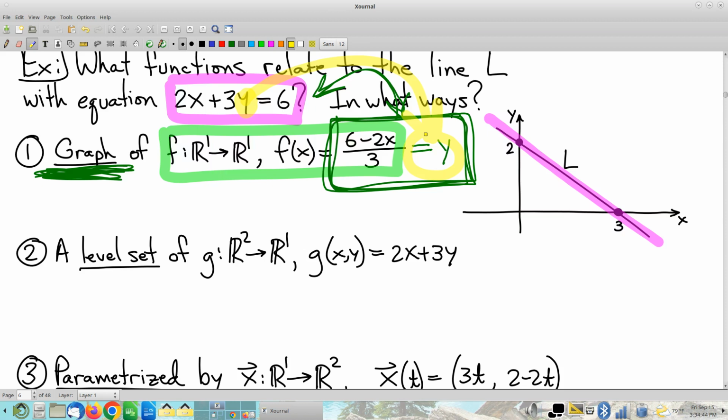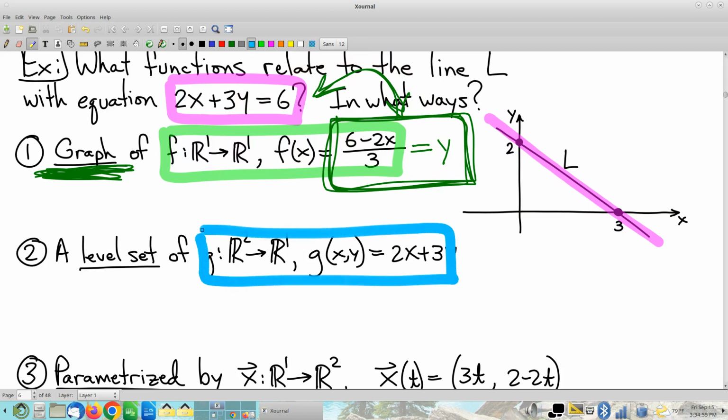All right. Now, let's talk level sets. I claim, and this is an easier one, that this is a function for which one of the level sets is my line. This is a lot easier to see, because let's just do it. How would I take a level set of this function?